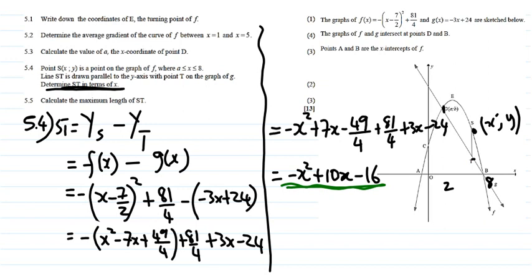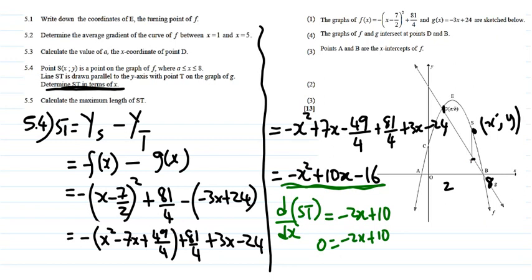Calculus seems to be confusing. Let's go for it. So let's find the derivative of st with respect to x. It will be negative 2x plus what? Plus 10. Now we must set the derivative to 0. And so x becomes what? 5.